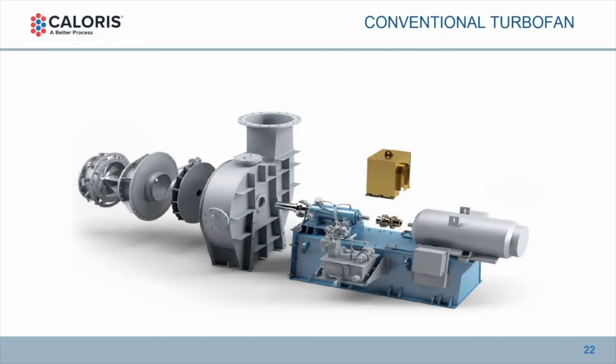We've done projects where we replace the existing wheel of an existing fan and can get another 2 degrees compression out of that. We may have to replace the motor. But most of the capital equipment is still being utilized, and we're getting some more delta T out of that equation.